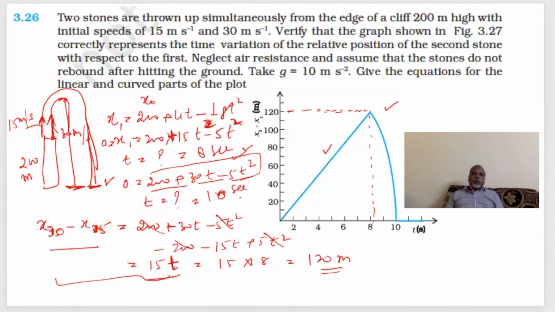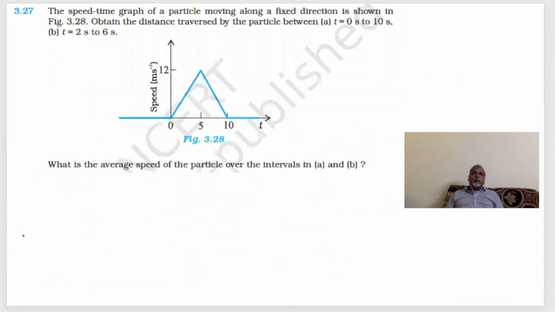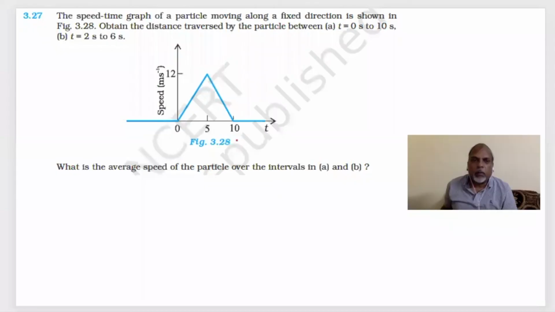Now we will go to the next question. In question number 27, it says the speed time graph of a particle moving along a fixed direction is shown in figure 3.28. Obtain the distance traversed by the particle between 0 to 10 seconds.